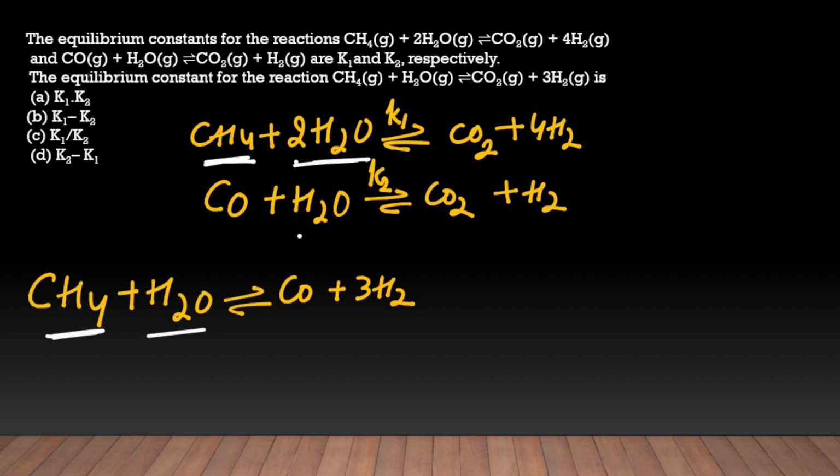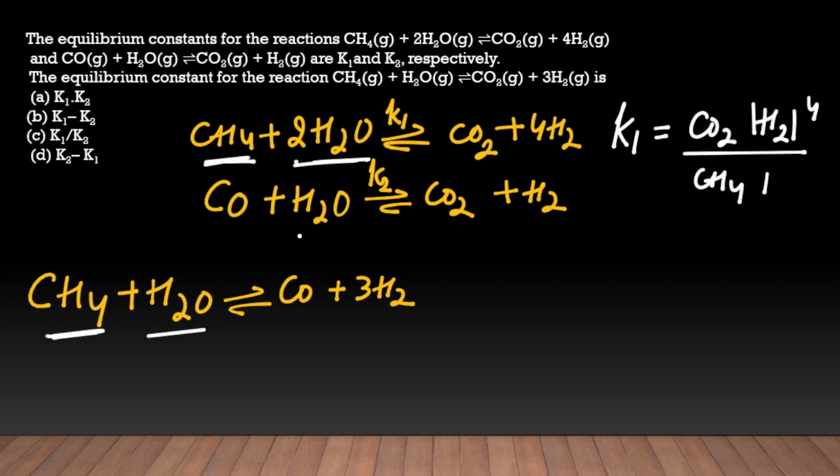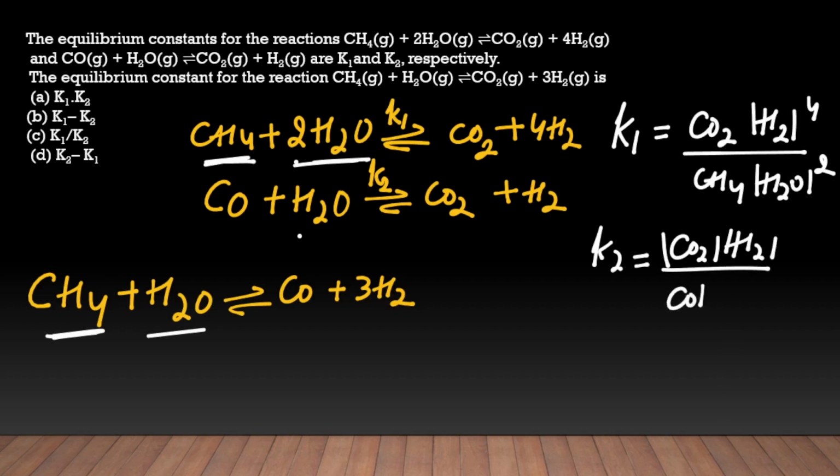So the equilibrium constant K1 will be the product concentration, that is hydrogen raised to the power of 4 upon CH4 into the water concentration raised to the power of 2. And the K2 expression we will be getting as CO2 into the hydrogen upon the CO into the water.